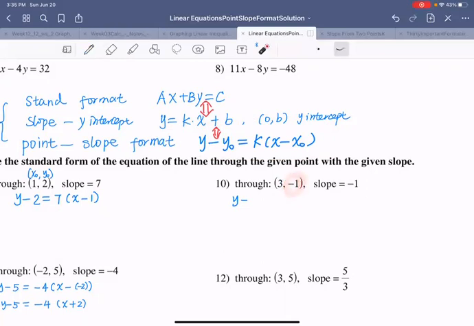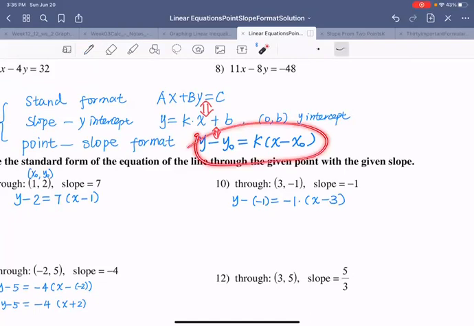This is your y, 1 is not your y, okay? Equals negative 1 times x minus 3.